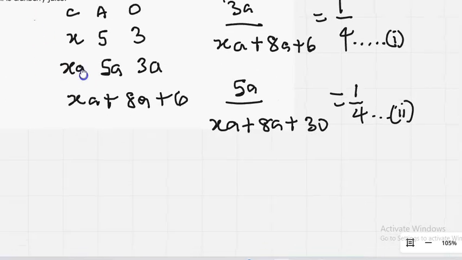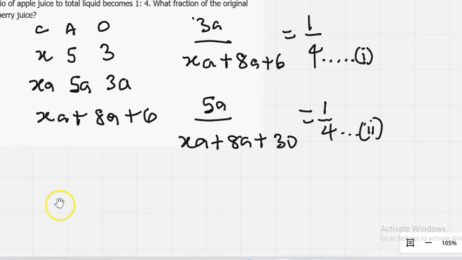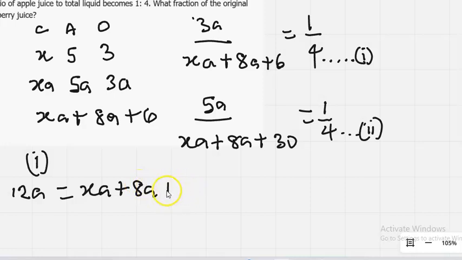So working on this equation, from equation 1 we cross multiply. That gives us 12A equals XA plus 8A plus 6.